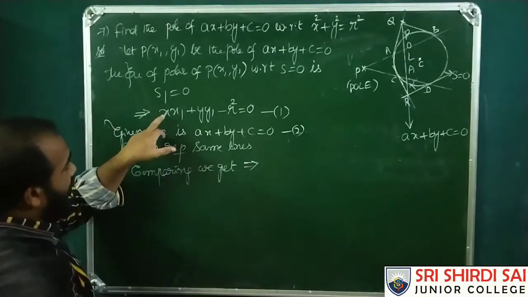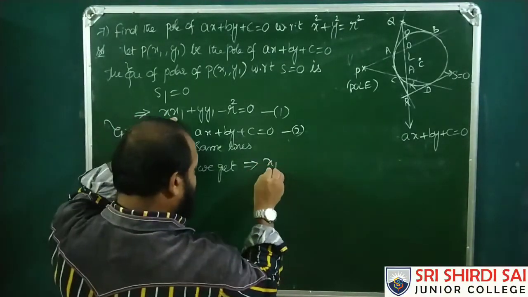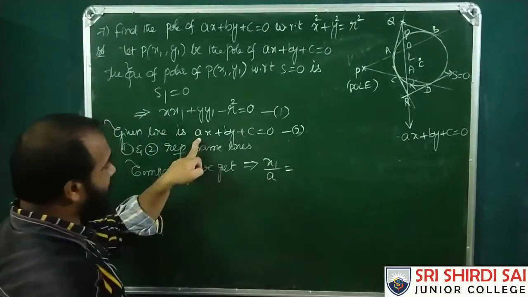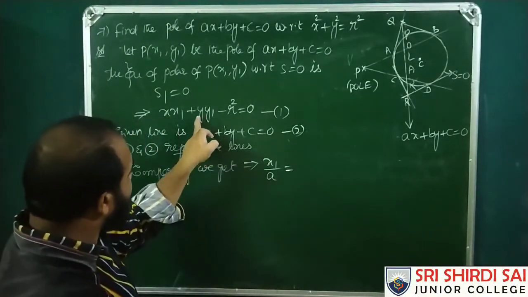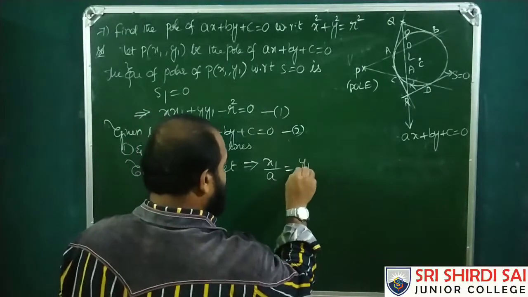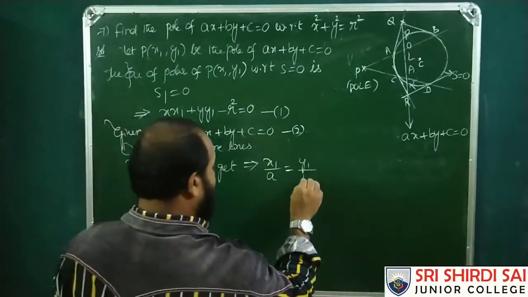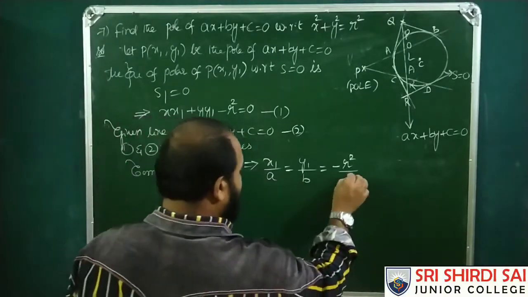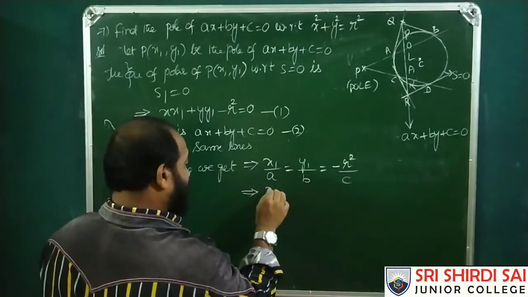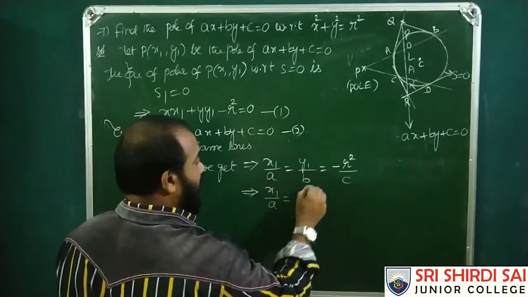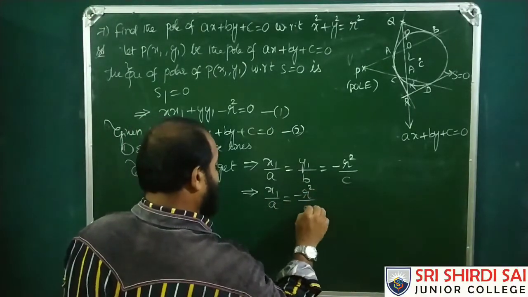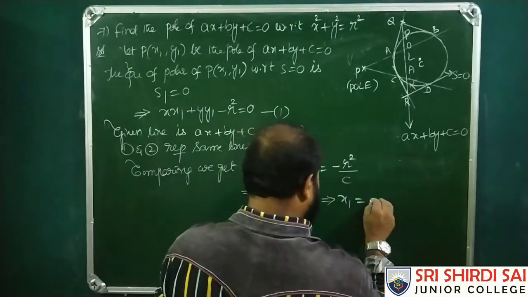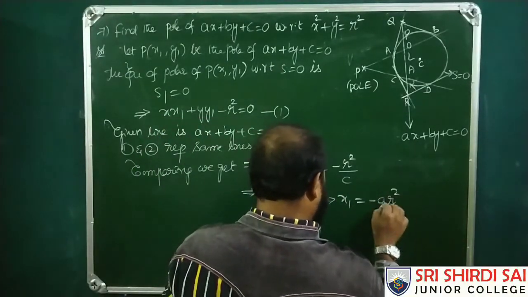Here the x coefficient is x1 by a, which equals the y coefficient, y1 by b, which equals the constant, c. So x1 by a equals minus r square by c, which implies x1 equals minus a r square by c.